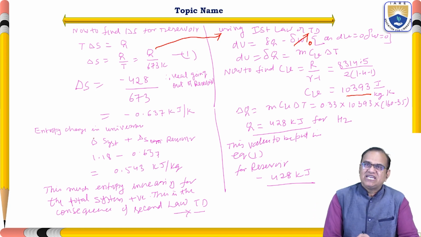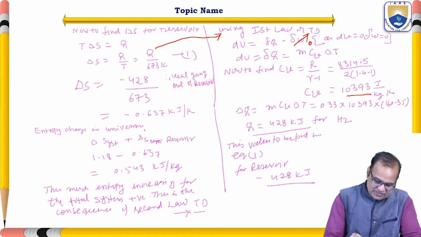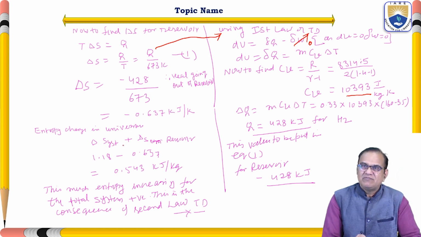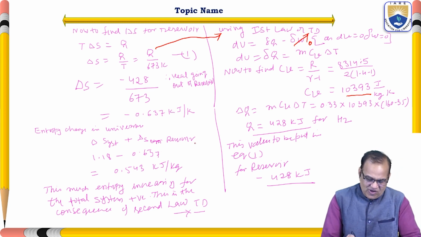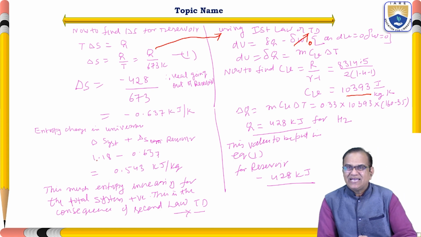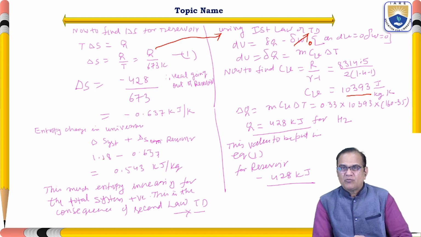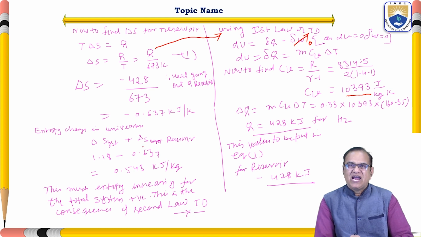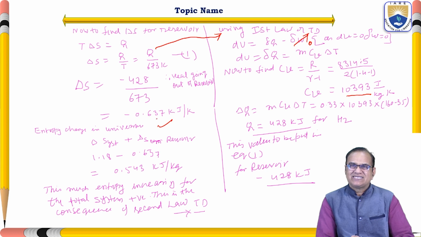Now, entropy change in the universe. So it is delta S system plus delta S reservoir. So delta S is equal to 1.18 minus 0.637. Initially we got 1.18 for the system, and for the reservoir we have got minus 0.637.